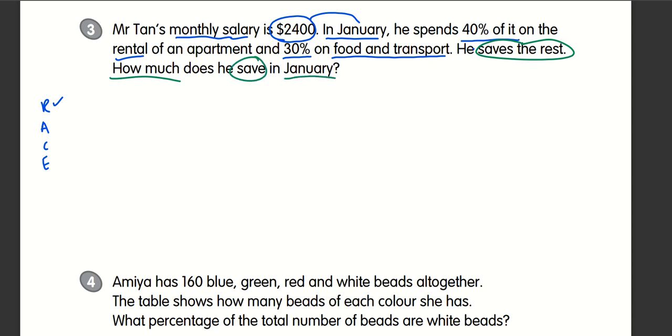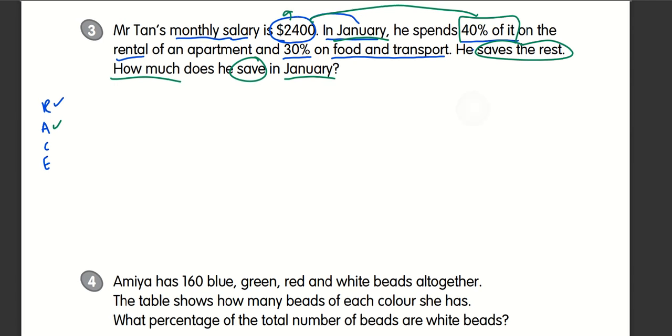So in the same month, 40% of it will refer to the same amount that is earned. 30% is part of the $2,400. Okay, in this case, I'm going to draw a Pareto model like a number bond. So this is the monthly salary, $2,400. This refers to the whole of the amount of money.